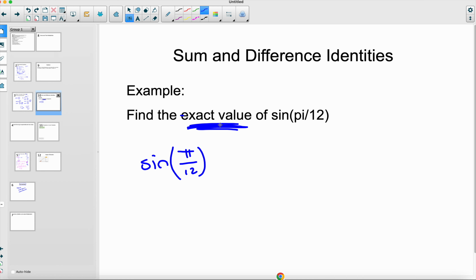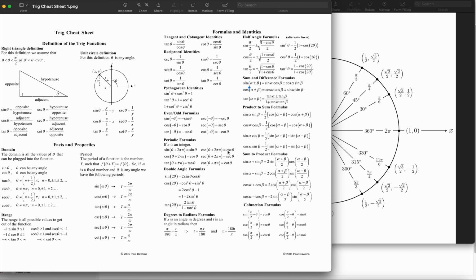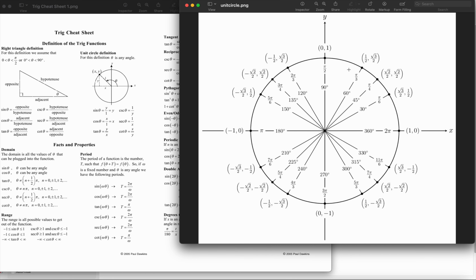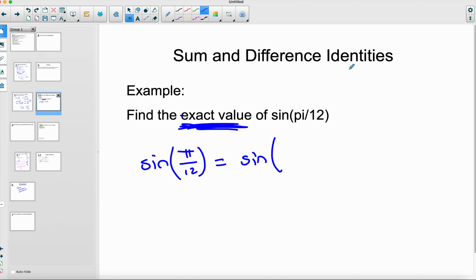So the goal is to rewrite the angle to find the exact value in terms of special angles on the unit circle, a pi over 6, pi over 4, pi over 3 type of situation. Now, pi over 12 we could represent as 4 pi over 12 minus 3 pi over 12.